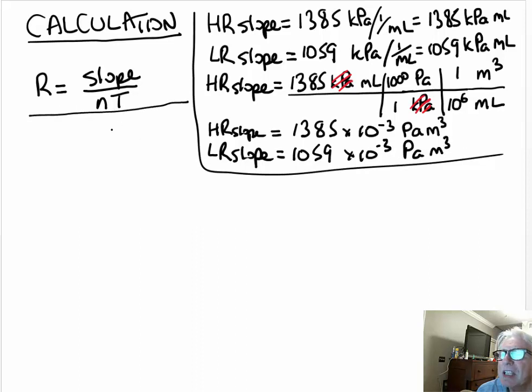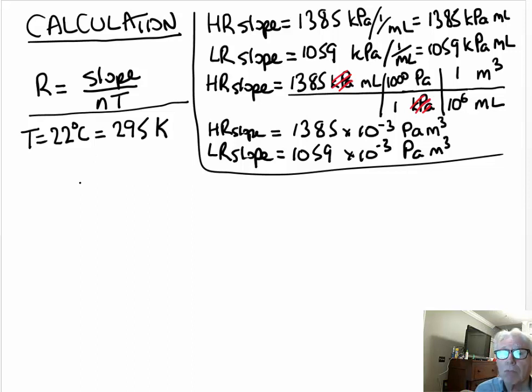And so then the next bit is, let's do the temperature. I measured the temperature in the room, and the temperature equaled 22 degrees C, which equals 295 Kelvin, and I need to be in Kelvin. Now, is the temperature of the gas inside the syringe 22 degrees?